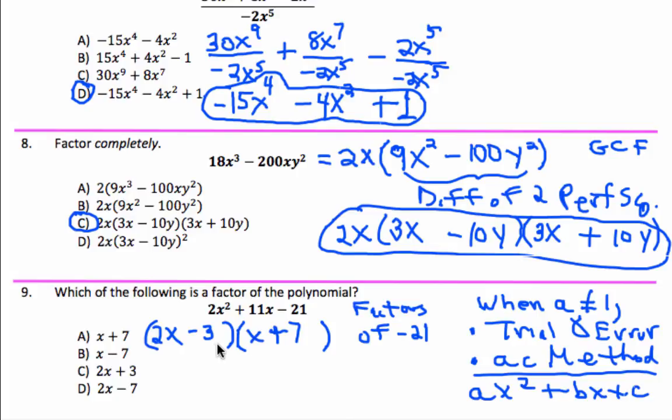Negative 3 times x is negative 3x, and 2x times 7 is positive 14x. 14x take away 3x is 11x, positive 11x, and that's what we want. So we got lucky. The first choice is the correct one, and so the final answer is choice A.